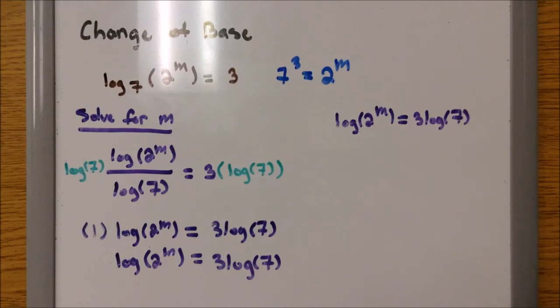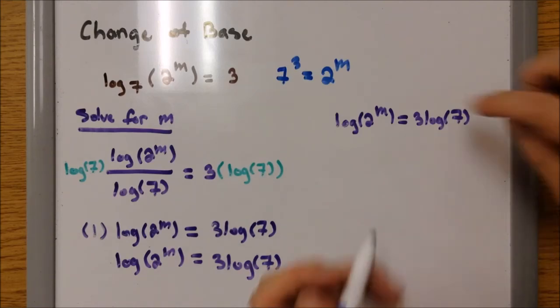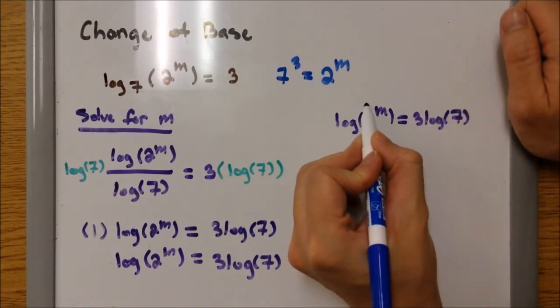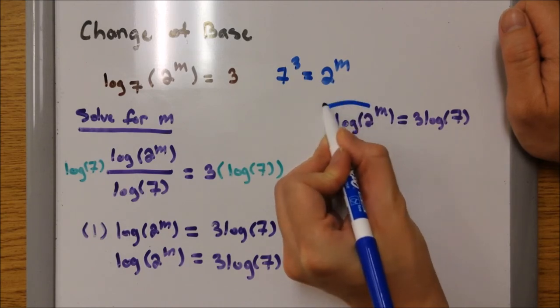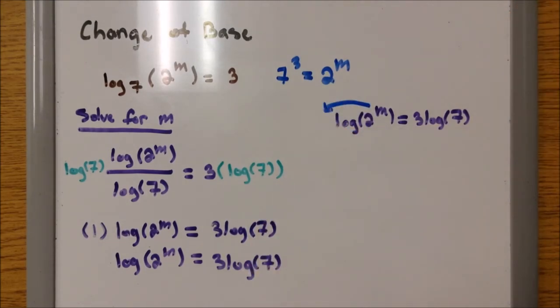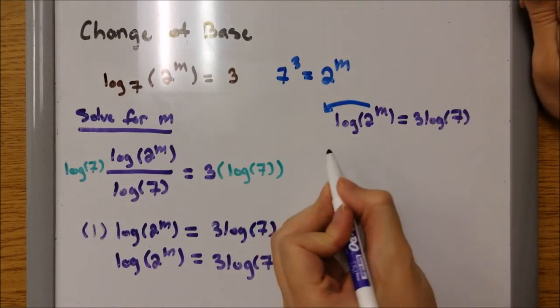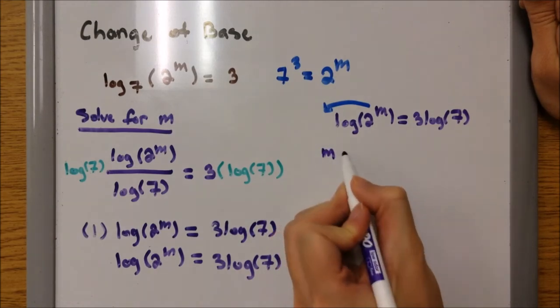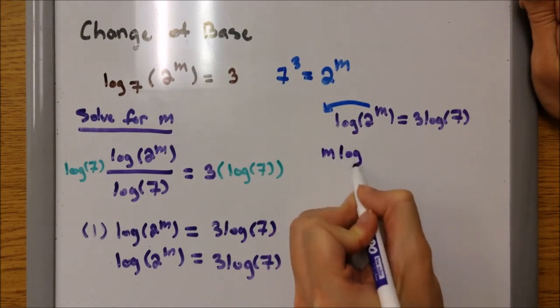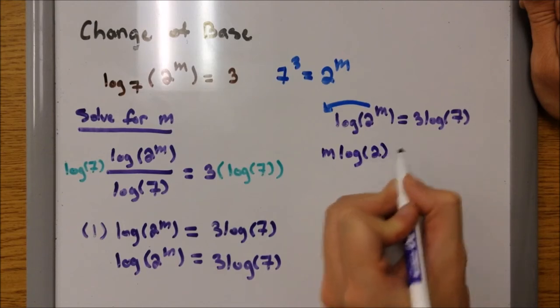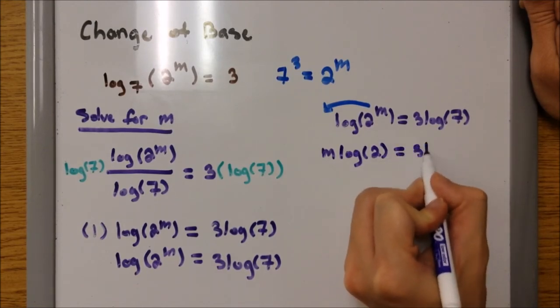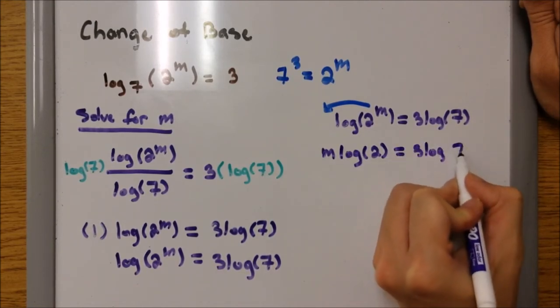There's no multiplication, there's no division, there's no subtraction, there's no addition. But I can use the power property because the m is an exponent and it's a variable, so that's going to help a lot. So I'm just going to move m in front of log. That's the power property. Now it's going to be m times log of 2 equals 3 log of 7.